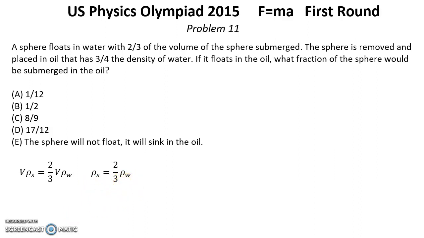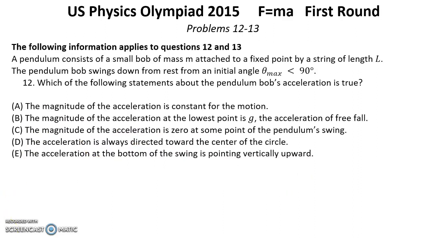And also we know that rho water equals 4/3 rho oil. If we put this into this one, we get that rho sphere equals 8/9 rho oil. It means that 8/9 of the sphere will be submerged in oil, which is answer C.